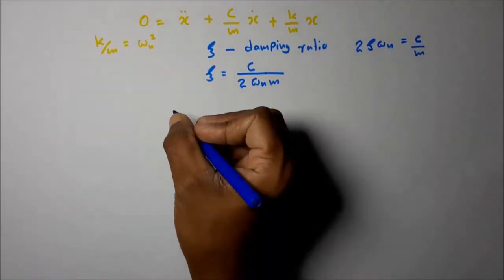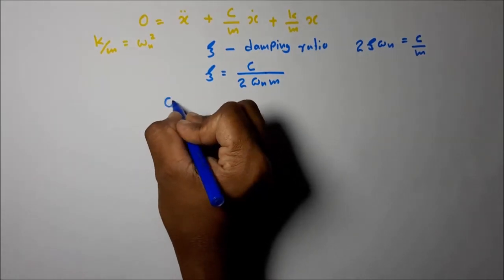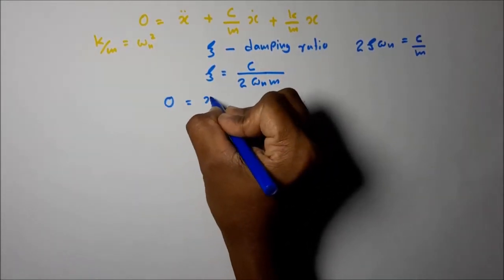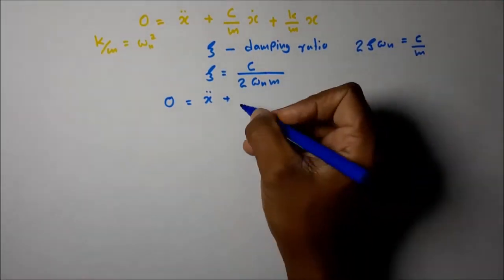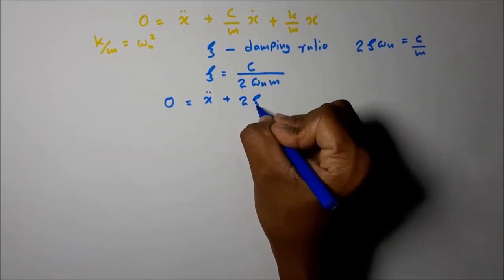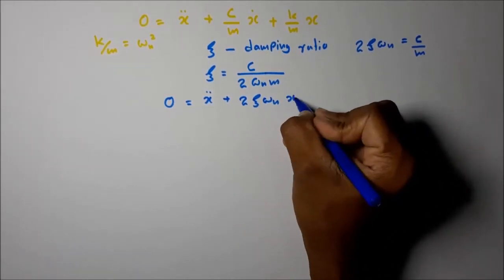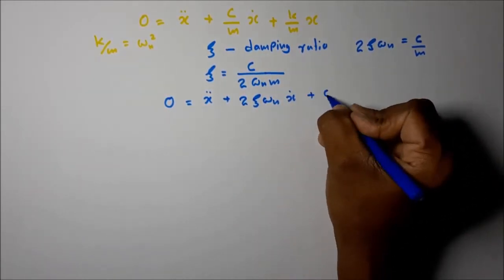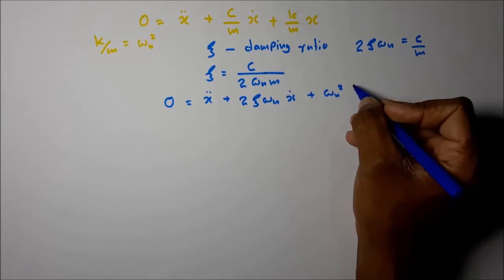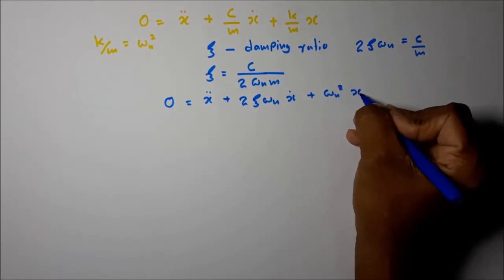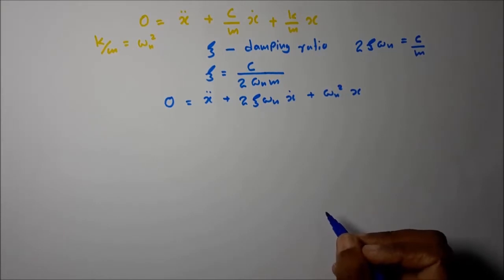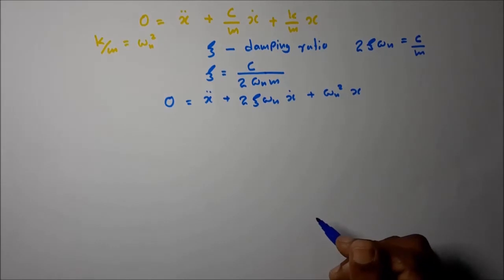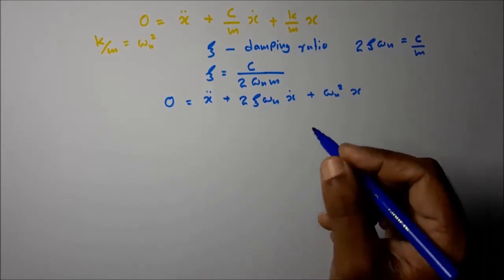Then we have this differential equation in this format: x double dot plus, for the c divided by m I am going to put 2 theta omega n into x dot, plus omega n square into x. This is the final equation we are having.